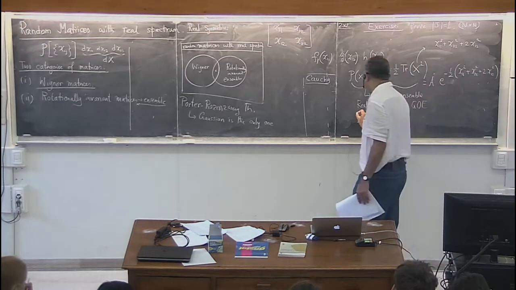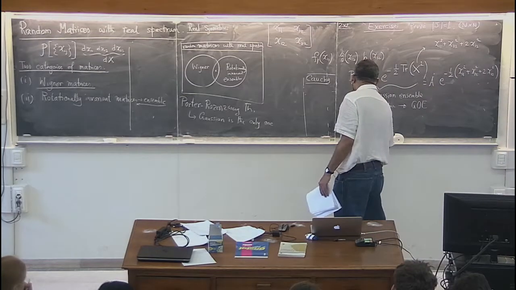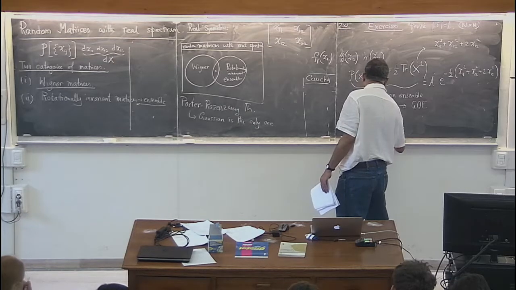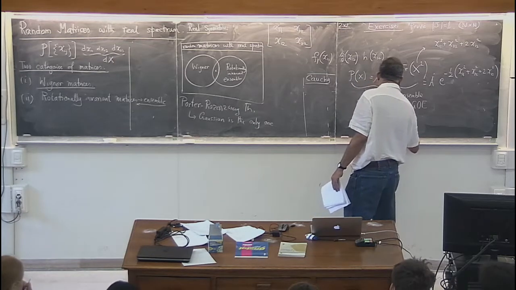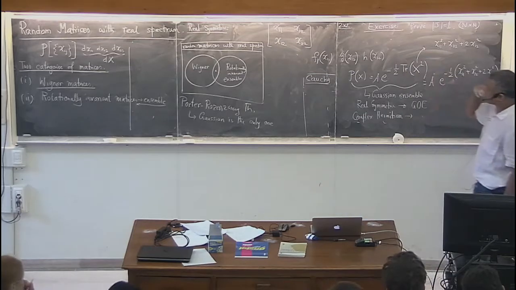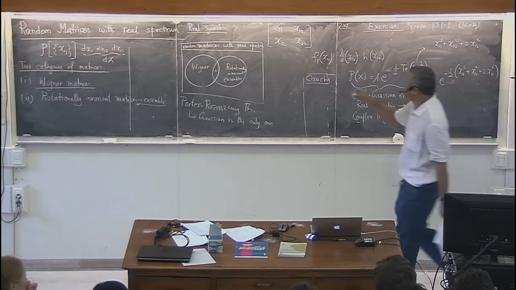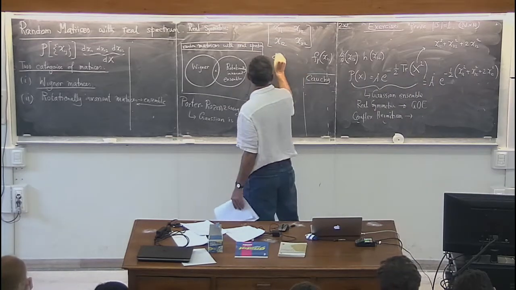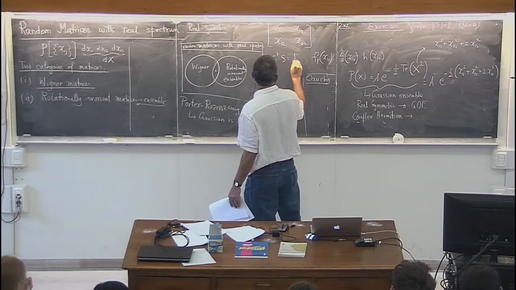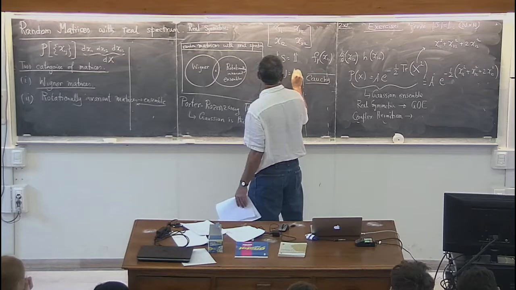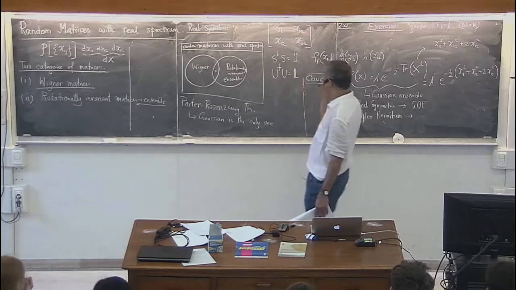If it is a complex Hermitian matrix, then the similarity transformation is a unitary matrix. The S that I wrote down there, S transpose S, is identity for a real symmetric matrix. But if you take a complex Hermitian matrix, you have to take a unitary matrix, under which it's invariant.